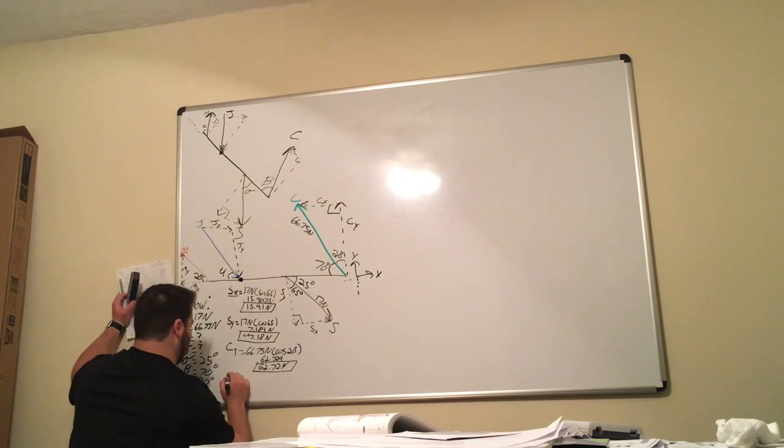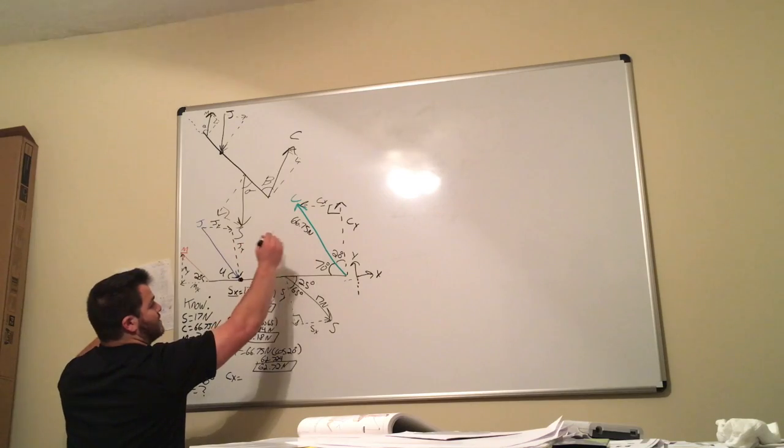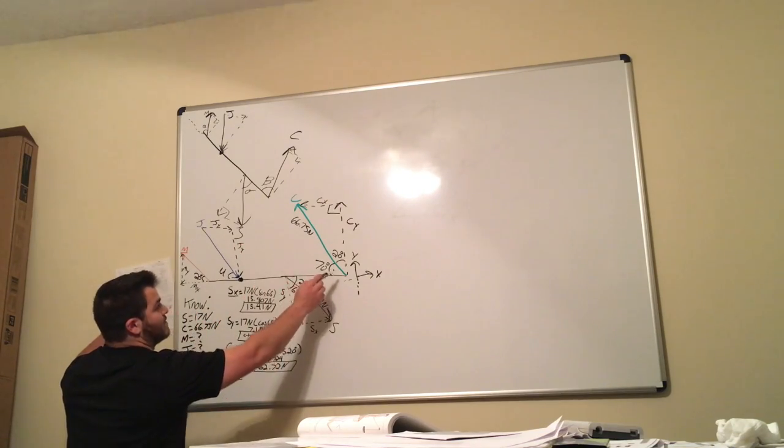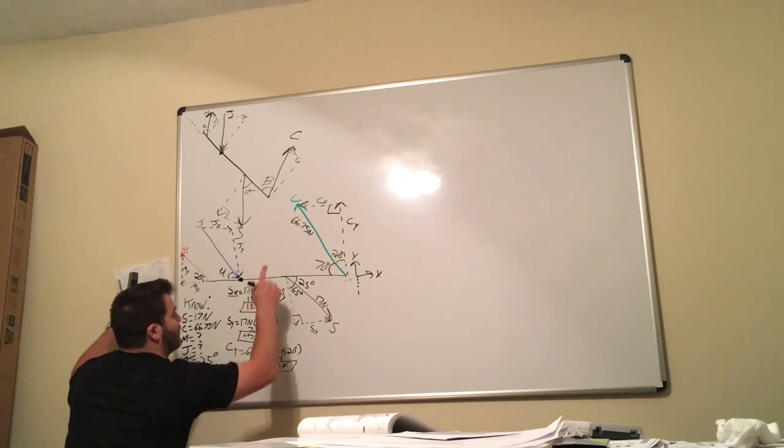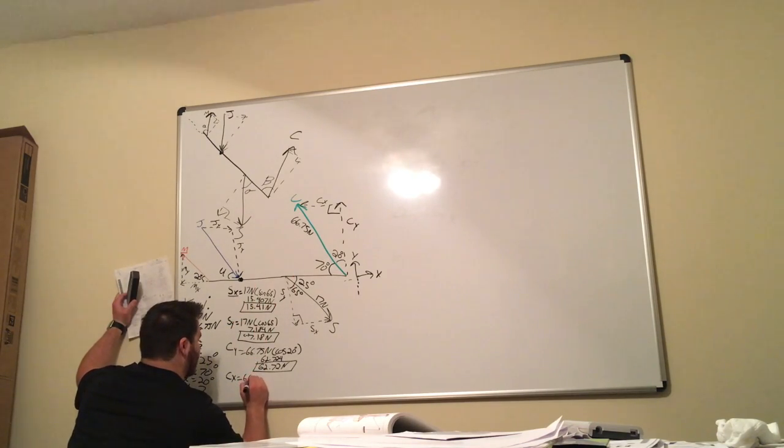All right, C of x. Now we're finding that direction, and that is our opposite because it's opposite to our angle. So once again, we're going to write the hypotenuse, which is 66.75 newtons times the sine now of 20 degrees.